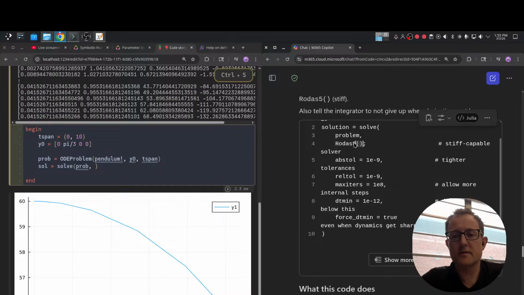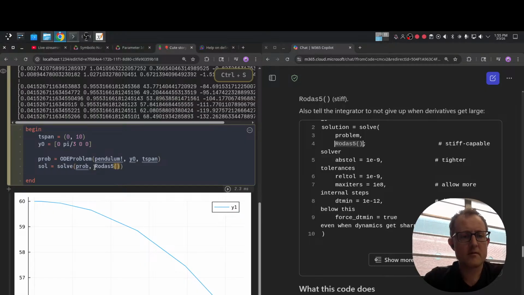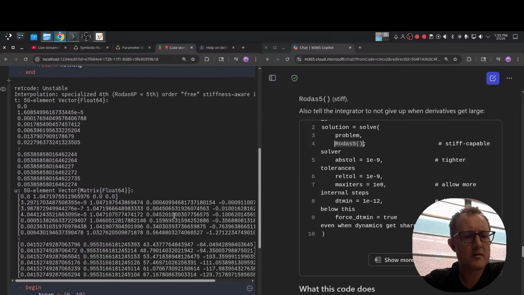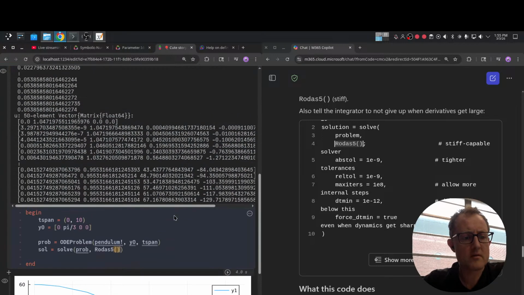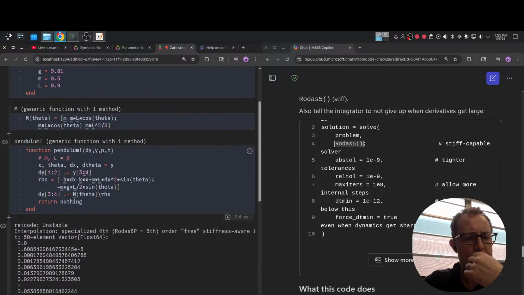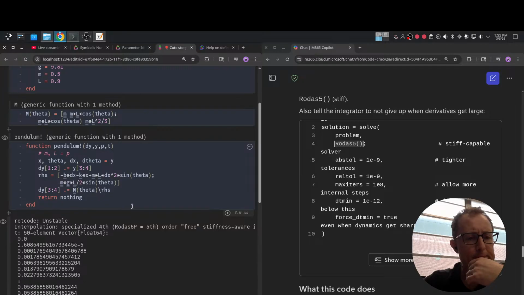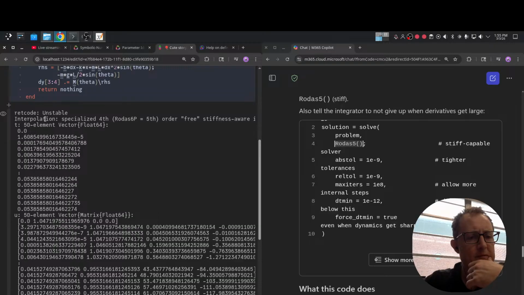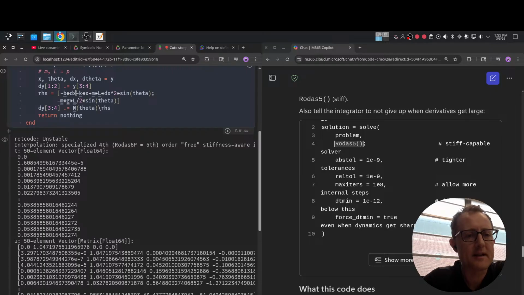Let's try this one. Still only giving me... return code is unstable. It shouldn't be like completely unstable unless I have some kind of error in here.